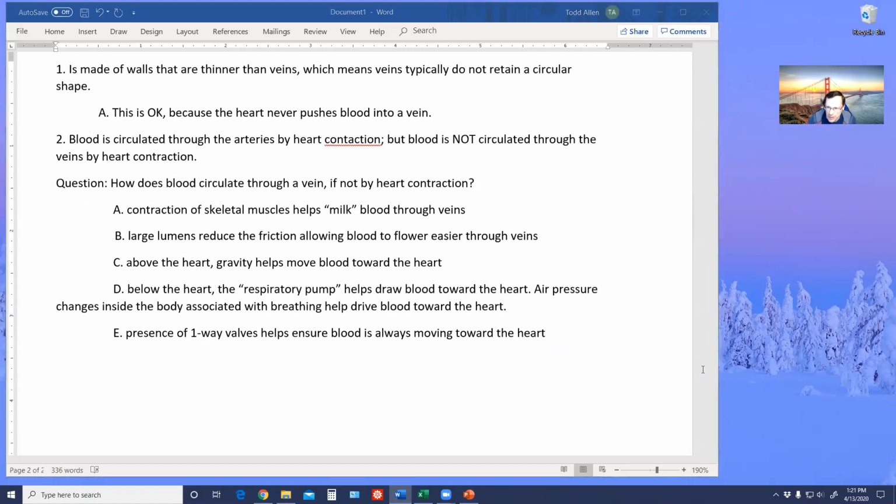Question coming through the chat window. What condition occurs when the one-way valves in the veins malfunction? Can you tell me that?